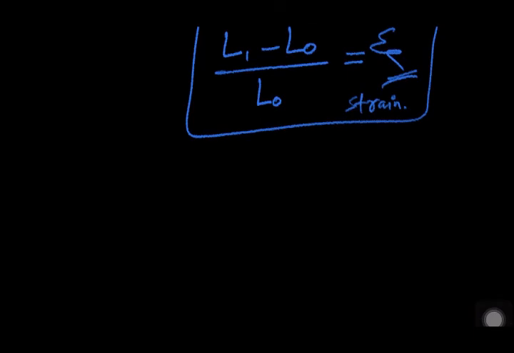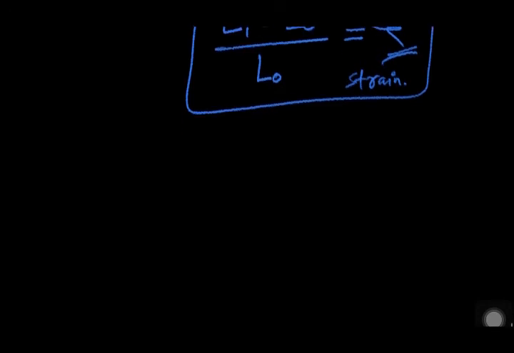All right, now see, there is no such direct method by which we can calculate the amount of stresses developed within a body, but we do have some devices which can measure the amount of strain attained, and those devices are called strain gauges.